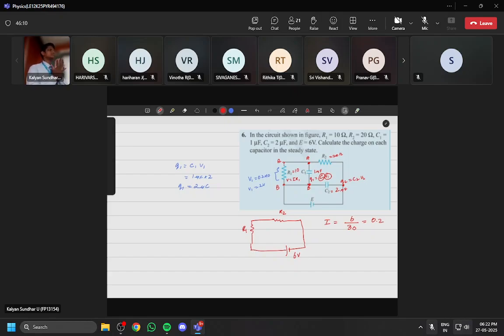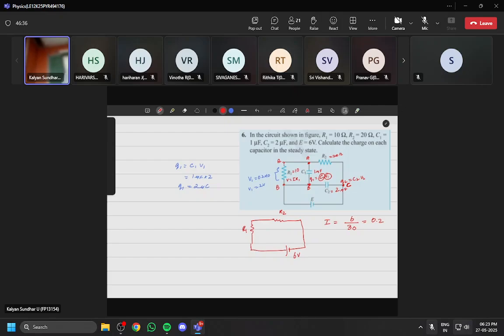What can we do? Let me take this as A, B, and the point as C. Correct? Now potential across AC, this will be equal to potential across AC.